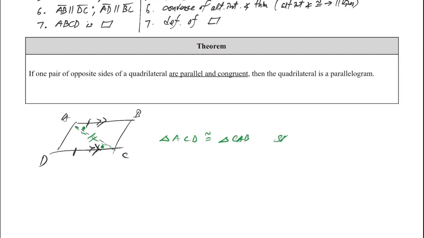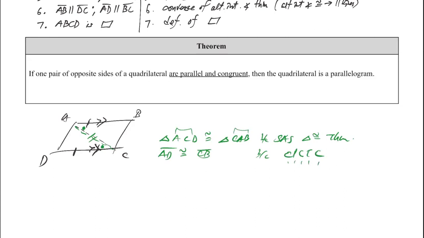By side angle side, because of the side angle side triangle congruence theorem. Because we know that AD is congruent to CB, first and third, because of CPCTC, corresponding parts of congruent triangles are congruent.